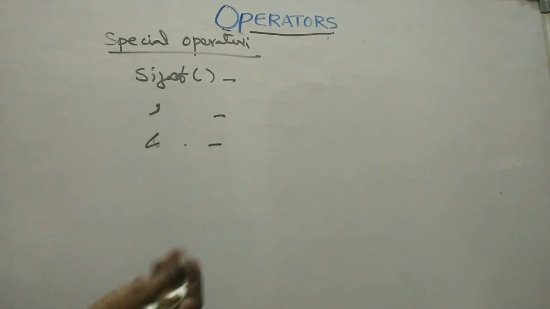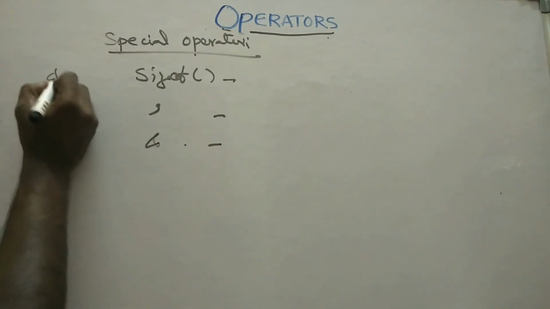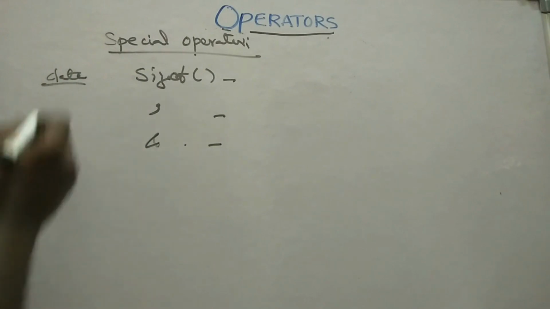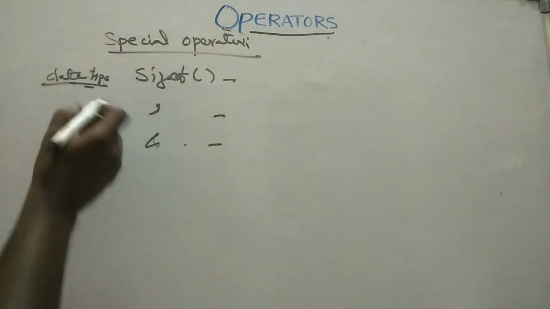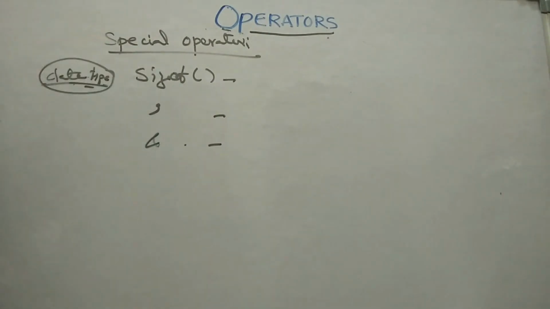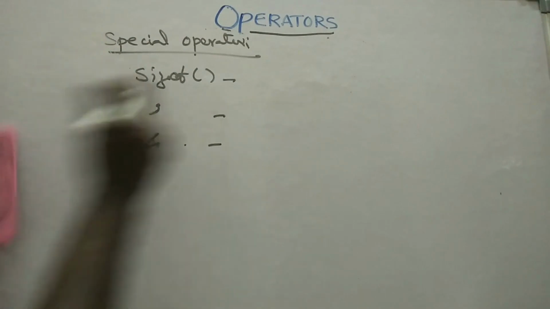In the previous class I already explained what is meant by data type. A data type is nothing but what type of data we can store as well as how much space it will occupy, right? If you want to show that space, you use the sizeof operator.